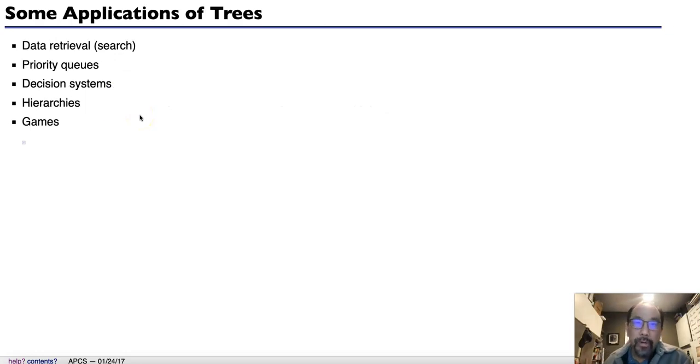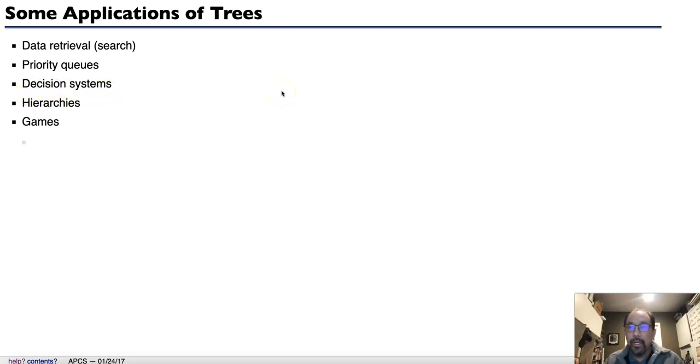So trees are very useful in general for either searching things or for making decisions. We talked about doing a binary search already in class, and so a binary search tree is very useful for searching. It's also very useful for making decisions.